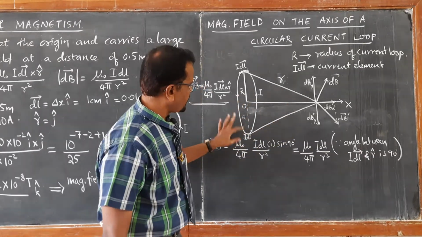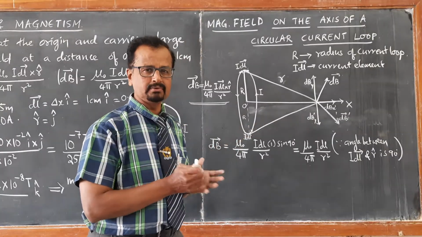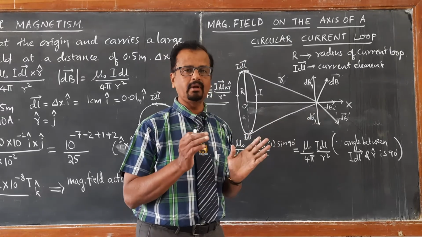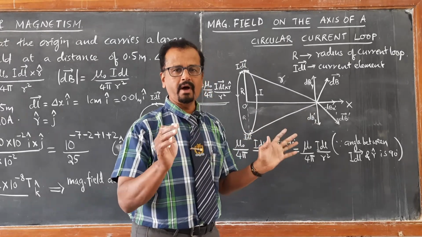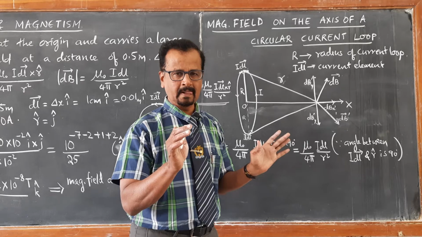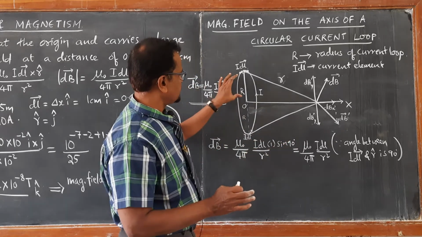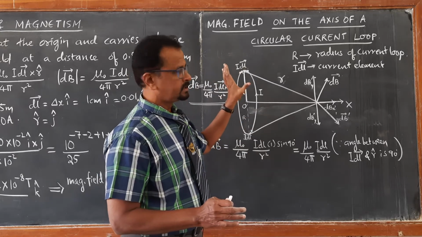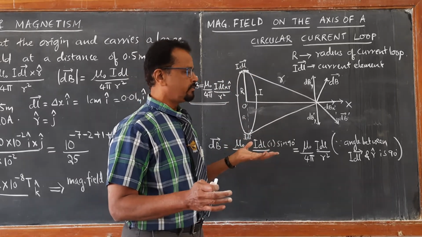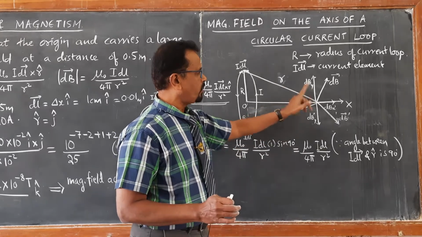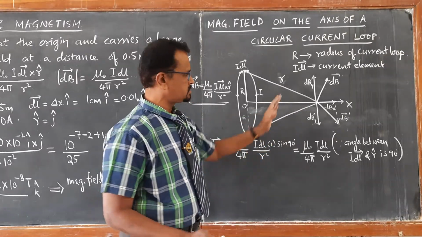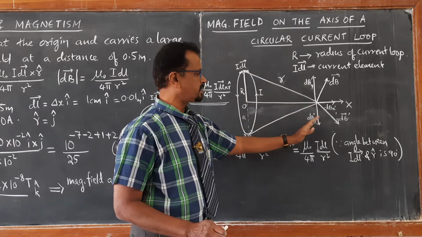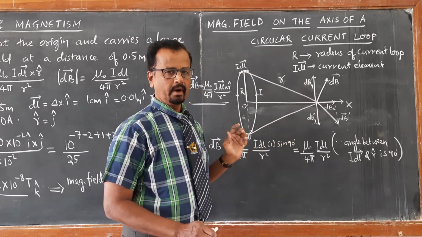So, for this one pair of diametrically opposite current elements, the two dBy being equal and opposite, the y components cancel each other. In this way, we can say that for all these current elements, when you sum up the magnetic fields, all the y components cancel each other because they are in exactly equal and opposite directions of y axis.